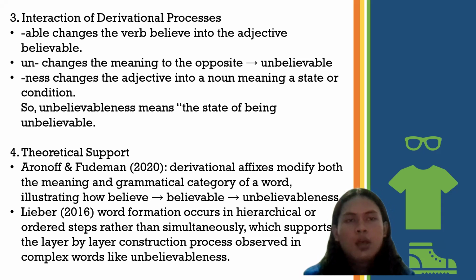The first, -able changes the verb believe into the adjective believable. Next, un- changes the meaning to the opposite, unbelievable. The last, -ness changes the adjective into a noun meaning state or condition. So unbelievableness means the state of being unbelievable.